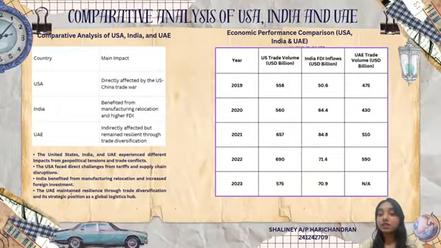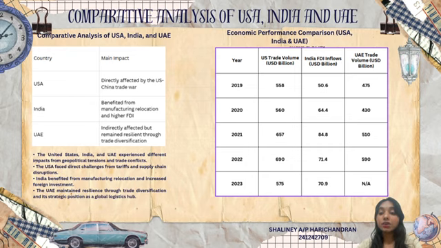Now I will be presenting this slide, which is a comparative analysis of USA, India, and UAE, focusing on the impact of global trade tensions on their economic performance. The USA was directly affected by the US-China trade war, facing challenges such as tariffs and supply chain disruptions. India benefited from manufacturing relocation and increased foreign direct investment, or FDI, as companies shifted operations to alternative locations.